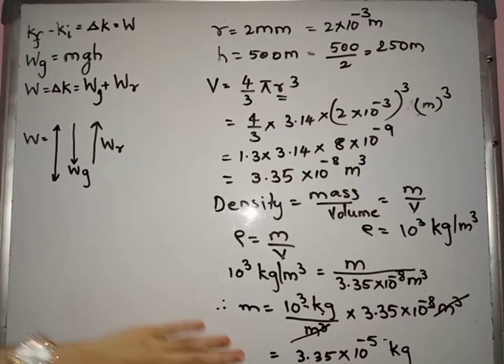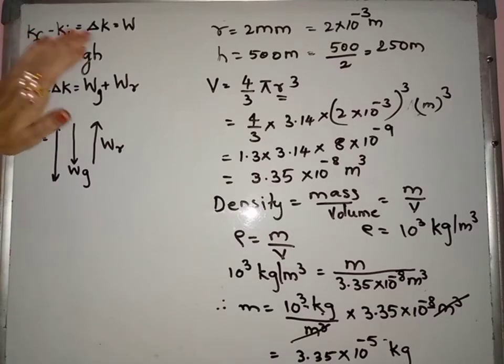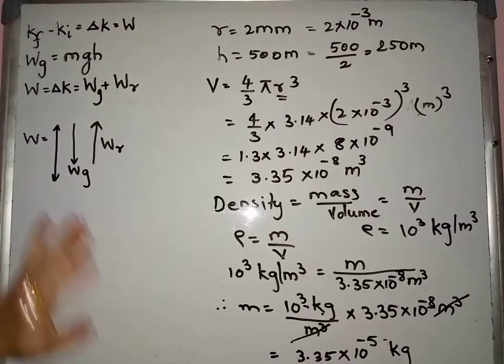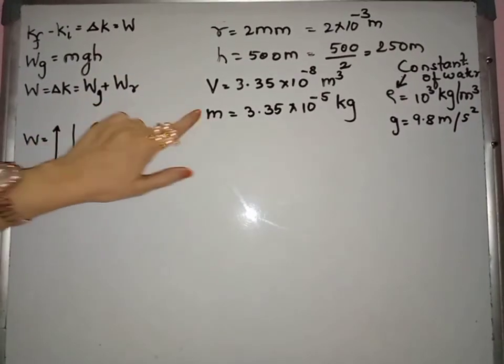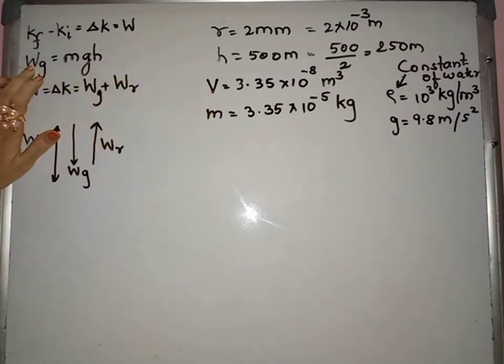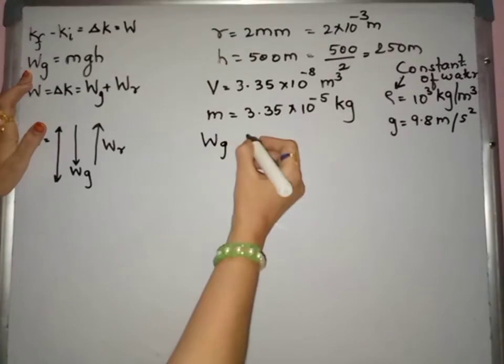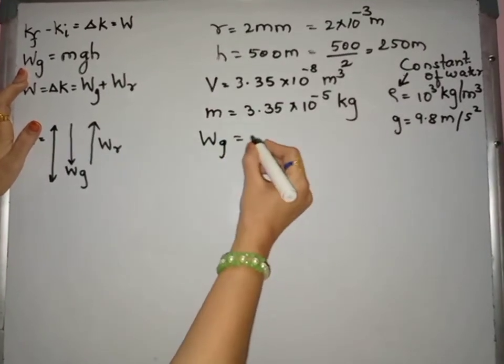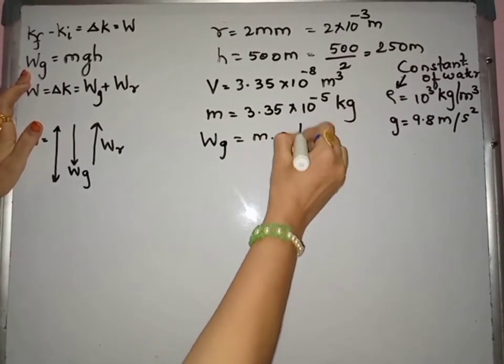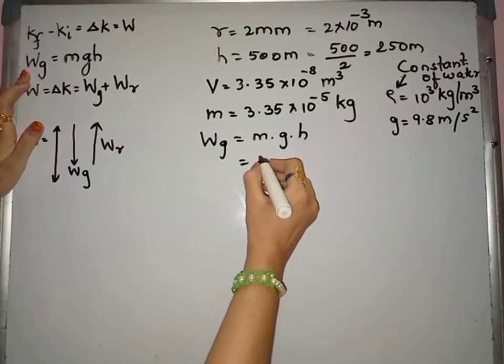Now we have got all the things required to find out our work done due to gravitational force in first half and second half of the raindrop journey. Let us substitute all these values in our formula number 2. Wg, the work done by gravitational force, is equal to m into g into h, half the height.